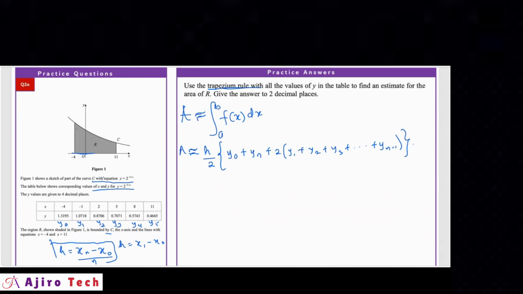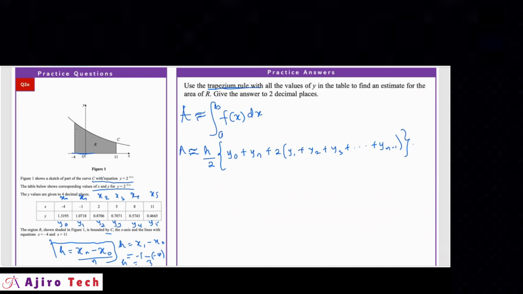So this is going to be my x naught, x1, x2, x3, x4, x5. So our h, which is x1 minus x naught, is -1 minus -4, that is -1 plus 4, which is 3.